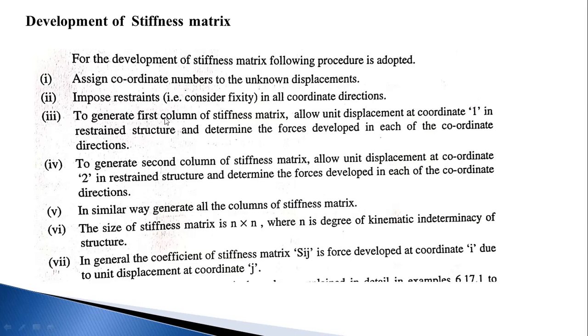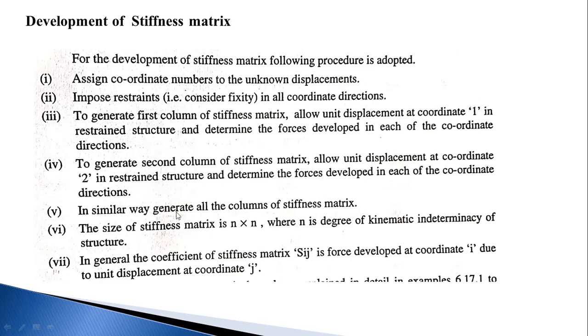Third, to generate the first column of the stiffness matrix, allow unit displacement at coordinate 1 in the restrained structure and determine the force developed in each of the coordinate directions. Fourth, to generate the second column, allow unit displacement at coordinate 2 in the restrained structure and determine the force developed in each coordinate direction.